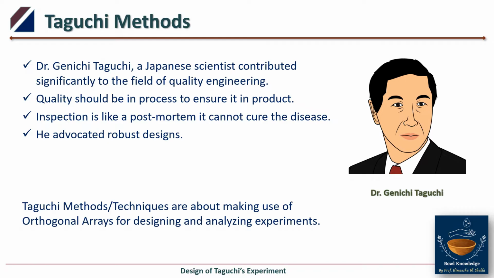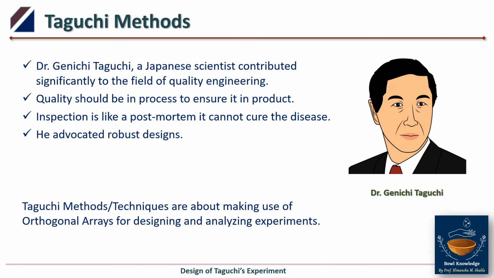But the main reason, or the main stakeholder of the presence of quality in the product is the process by which the product is manufactured. So Dr. Taguchi says that the quality should be in process. If it is in process, definitely it will be in the product which is manufactured by that process.